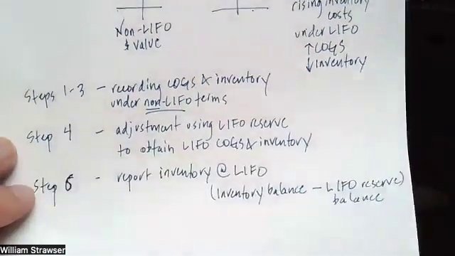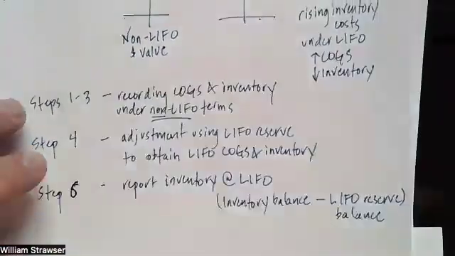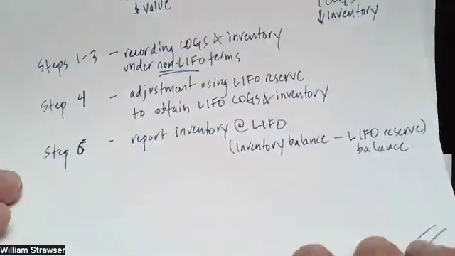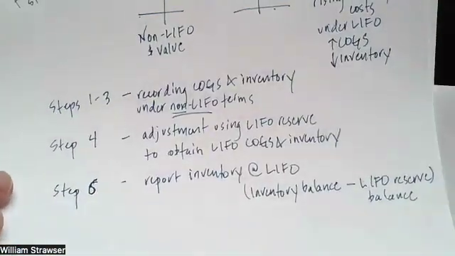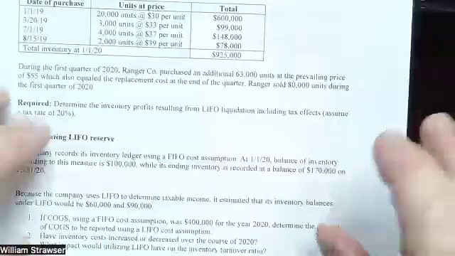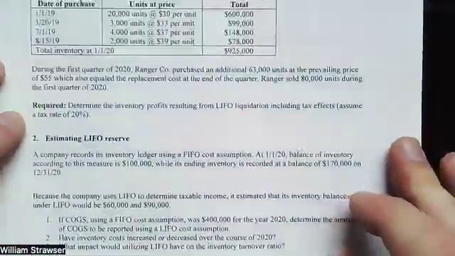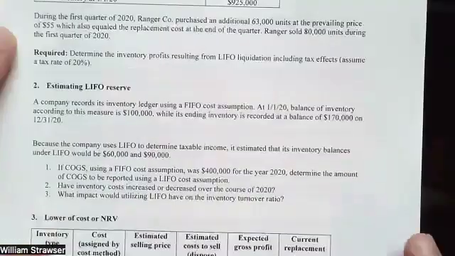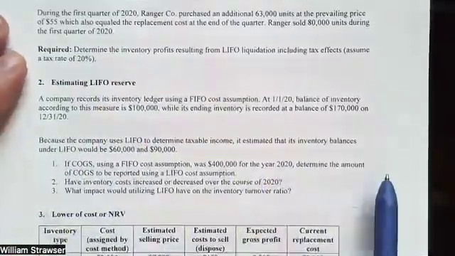So I want to take us to a problem. And it's in the chapter 9 problem set. It's the first example, but number 2. So we're estimating the LIFO reserve.